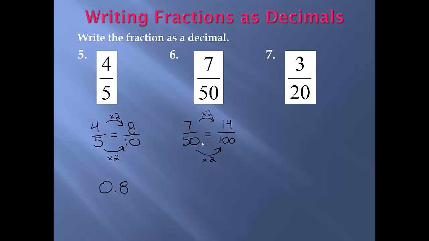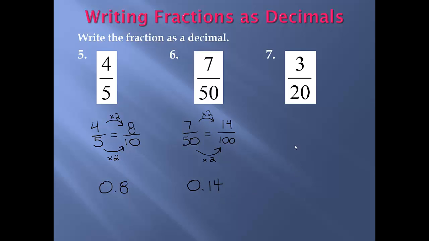So 7/50 is equal to 14 100ths. We can write 14 hundredths as a decimal because that would be 0.14, because 0.14 is also read as 14 hundredths. So 7/50 equals 14 hundredths.